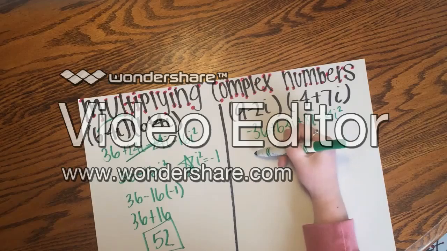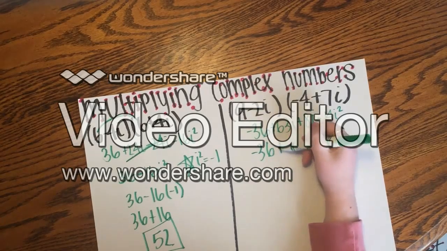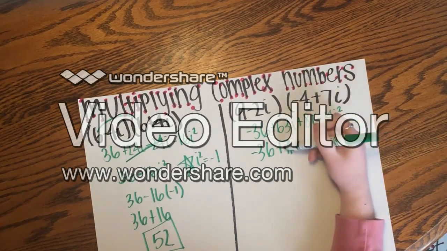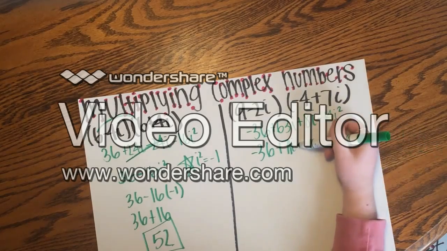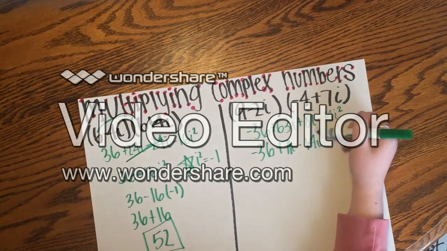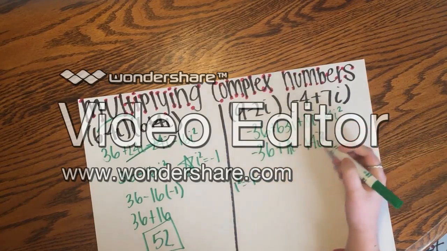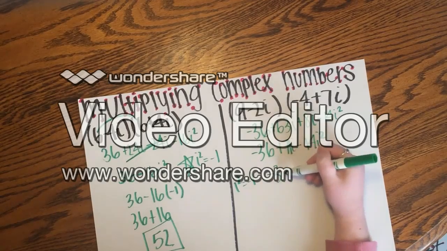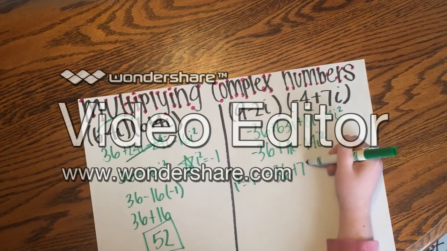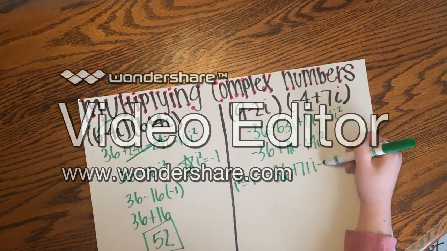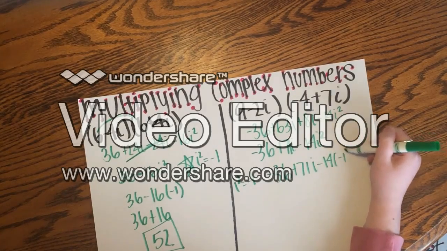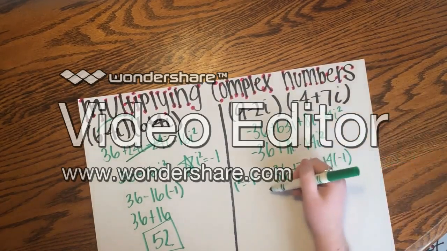So combine like terms, so negative 36 plus 71i minus 14i squared. Again, we have that i squared, and i squared is equal to negative 1. So we're going to substitute that in: plus 71i minus 14 times negative 1.